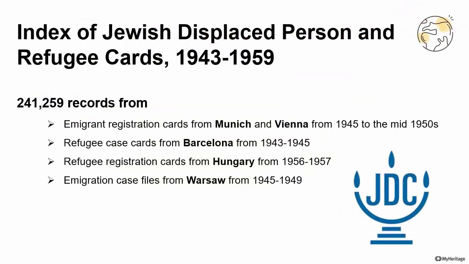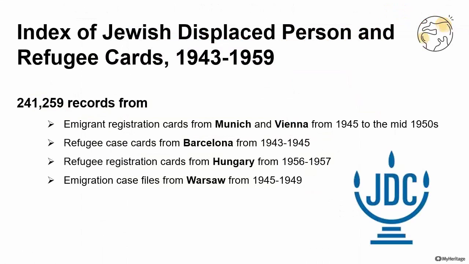The other collection that we recently released, and it's also including Vienna, but also Munich and Barcelona and Hungary and Warsaw, is the Index of Jews Displaced and Refugee Cards.